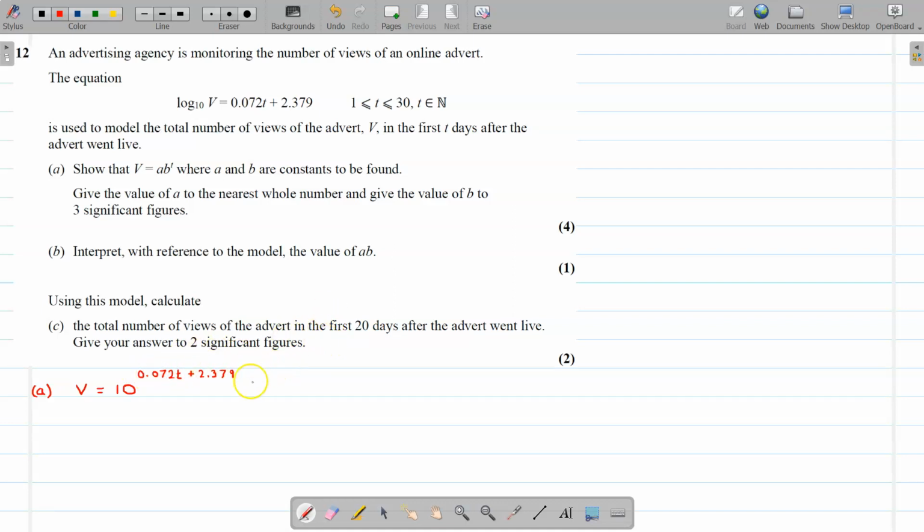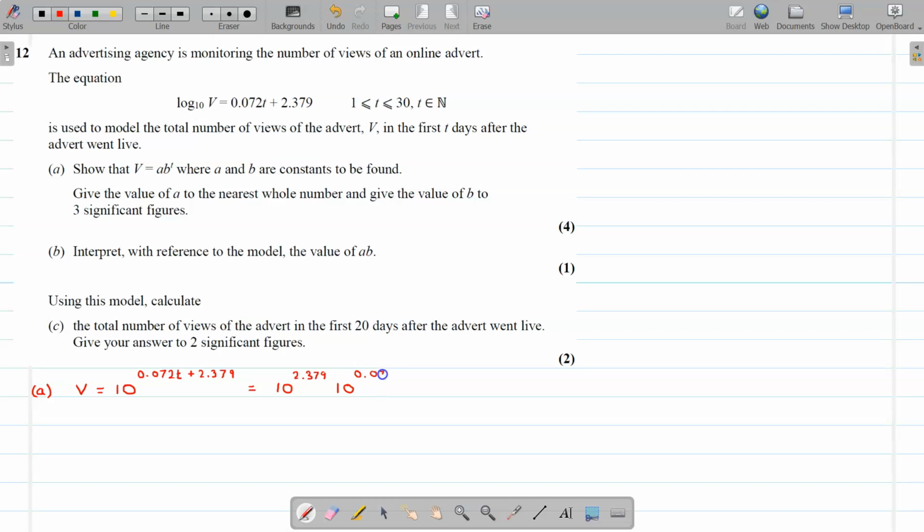That in turn can be adjusted using the rules of indices to give you 2 separate powers of 10: 10 to the power of 2.379, multiplied by 10 to the power of 0.072t.